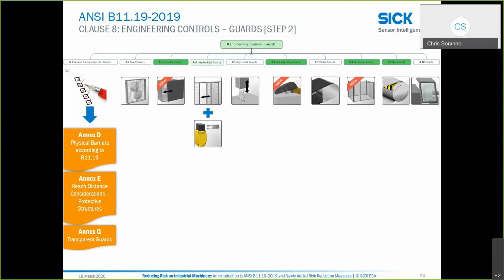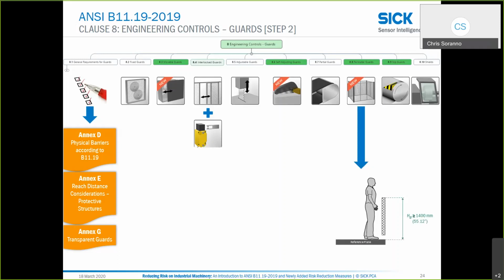We've also added a section on perimeter guards. Most people are familiar with perimeter guards when you define an area with fencing, and we have some guidance that was applied for those as well. We now have requirements in the standard that talk about a minimum height for a guard, for a physical obstruction to be considered a guard. If it's less than 55 inches, it's probably not going to obstruct intentional access to a hazard zone.